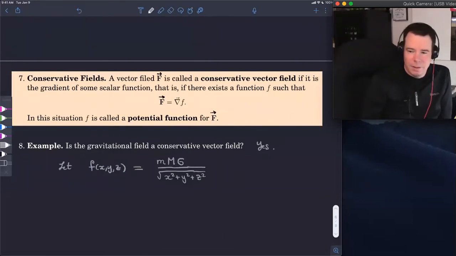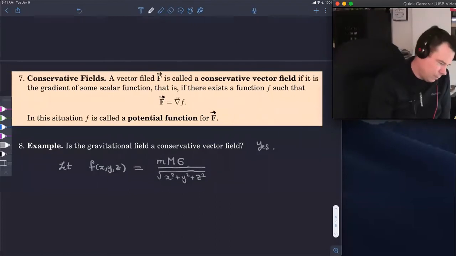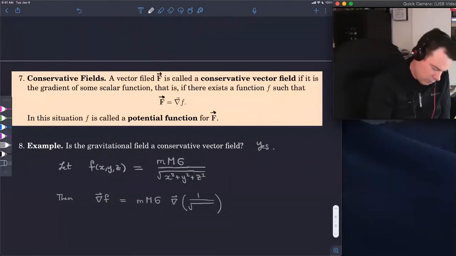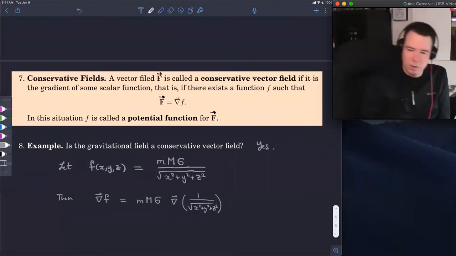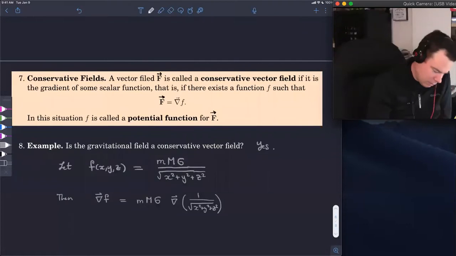If we take little f to be this scalar function, then the gradient of little f is equal to m, big G, times the gradient of 1 over the square root of x squared plus y squared plus z squared. So in other words, I just pulled the constants out front, just so we could use our previous result.